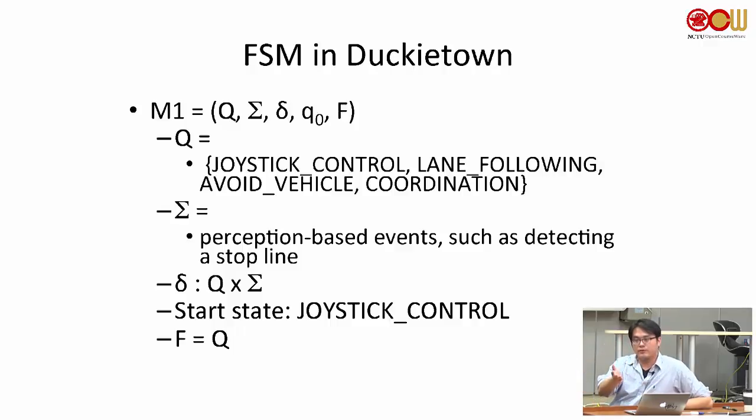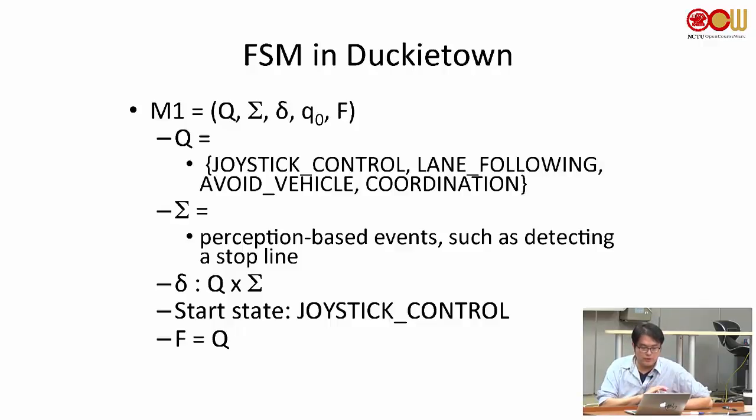Whenever you detect a face, that could be an event to transition from maybe lane following to something else. You definitely want to avoid a pedestrian instead of just running over it.